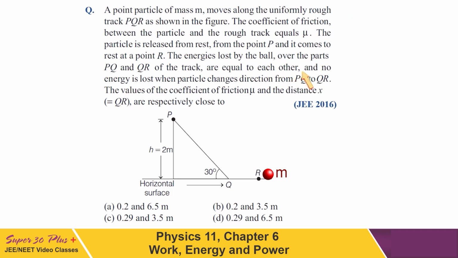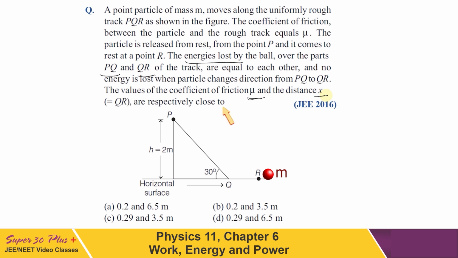This is a very important part, that energies lost over PQ and QR are equal, and no energy is lost when the particle changes direction from PQ to QR. The values of coefficient of friction mu and distance x are respectively close to. We have to calculate the value of mu and x.